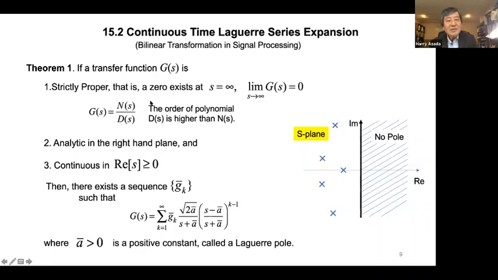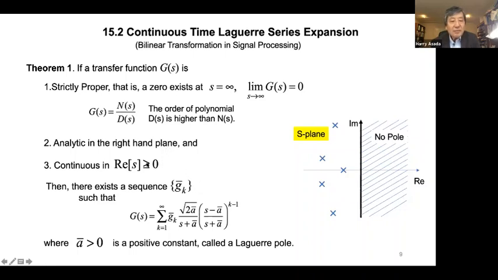So if you push s to infinity, that is a type of zero, because it makes this expression zero. And the second condition is that this function is analytic in the right-hand plane of the complex domain. Okay, and also continuous along this line.